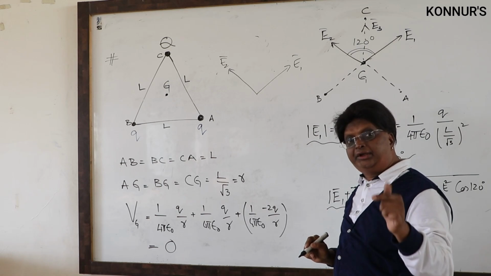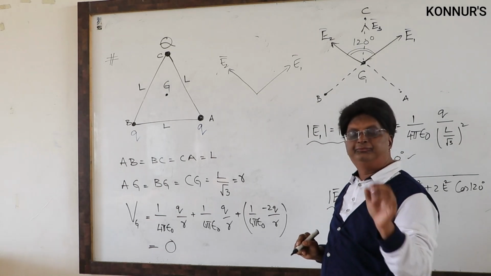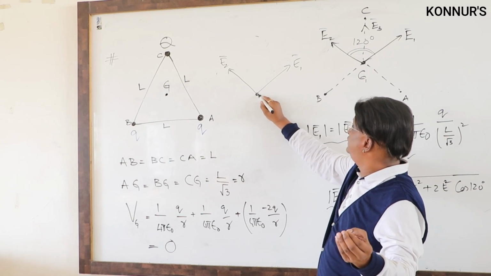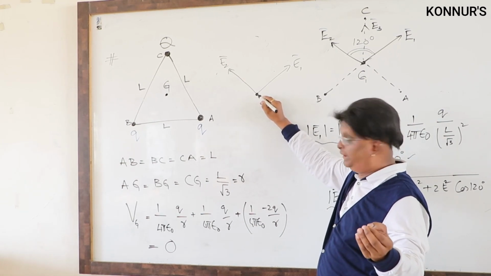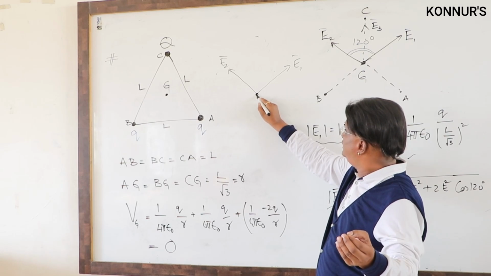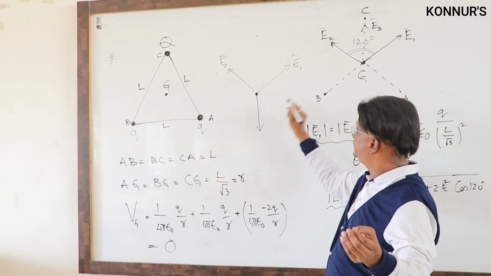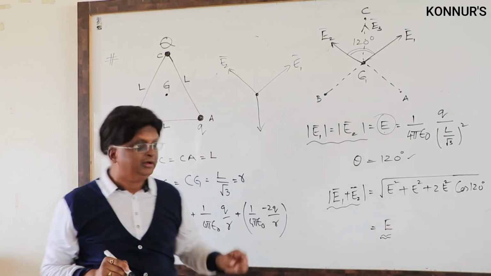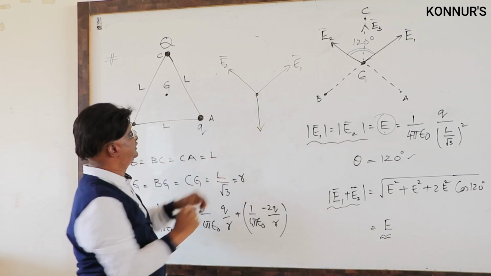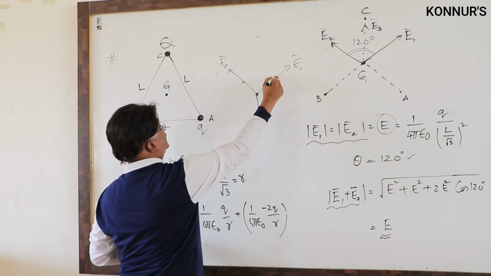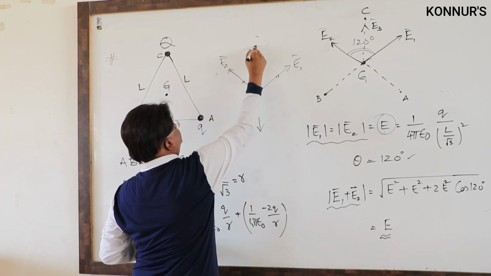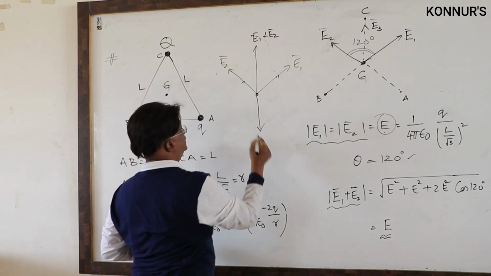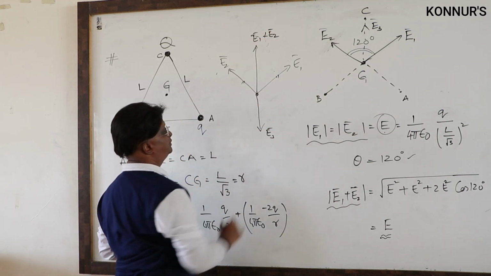For the resultant to be 0, a very simple common sense point using vector addition is that the third intensity should be directed like this. Got the point? The third vector should be directed in this direction, so that these two vectors will give, this is E1 bar plus E2 bar, and this vector is E3 bar.